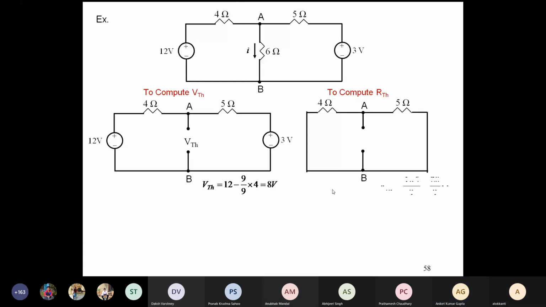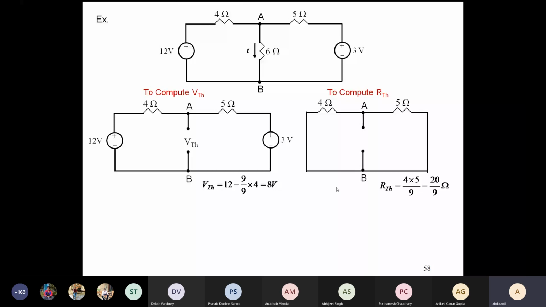Any doubt about this RTH? No, sir. So you should be able to visualize what is happening. I have removed the load here because it was told to find out the current in the 6 ohm resistance. So the 6 ohm was basically the load. We removed it because everything has to be done after removing the load, as that is what the question asked.